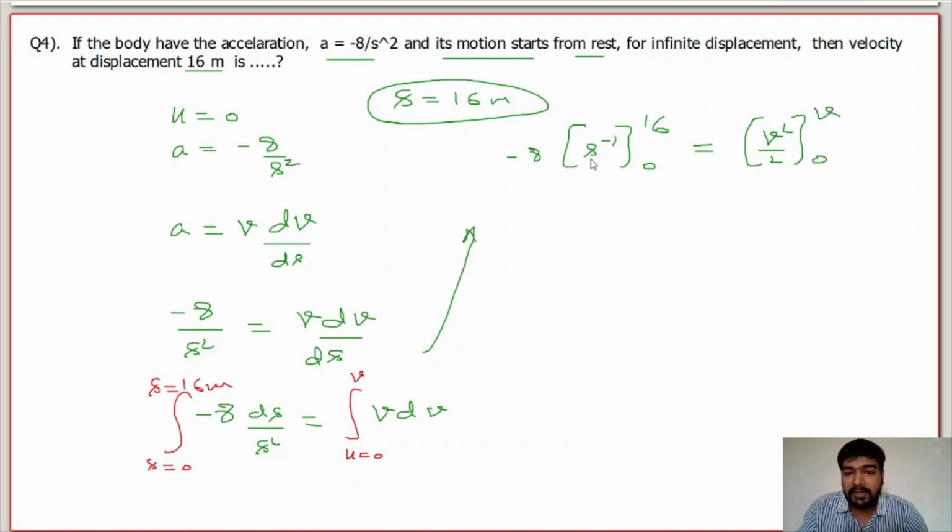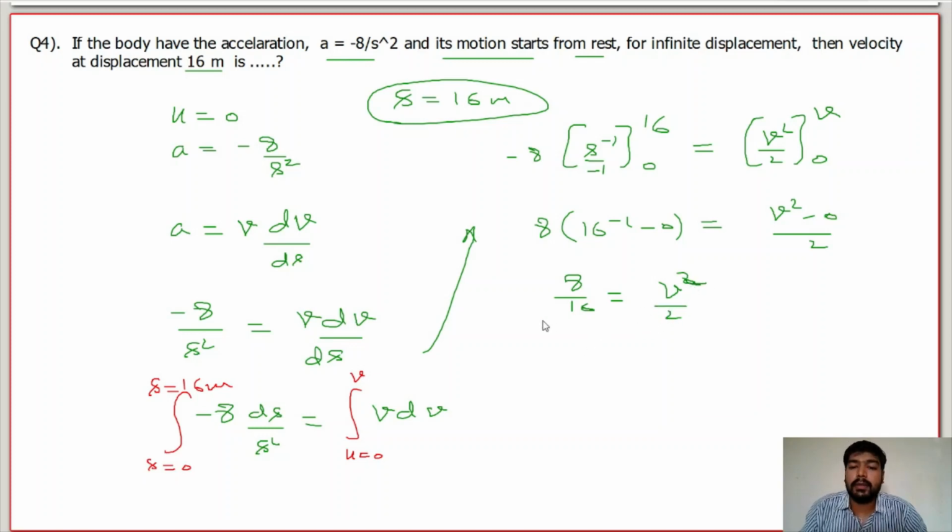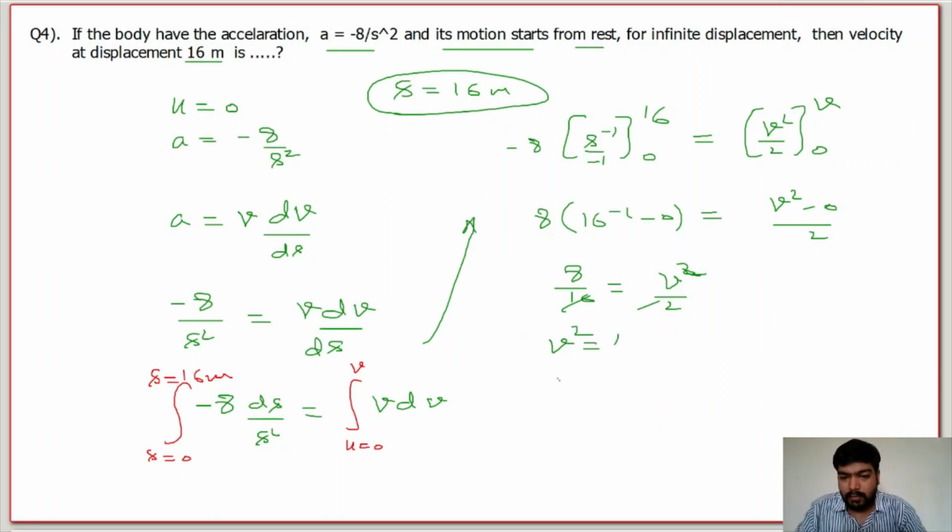So v square comes out to be 1, and the velocity comes out to be 1 meter per second.